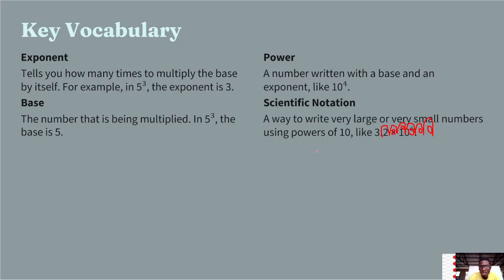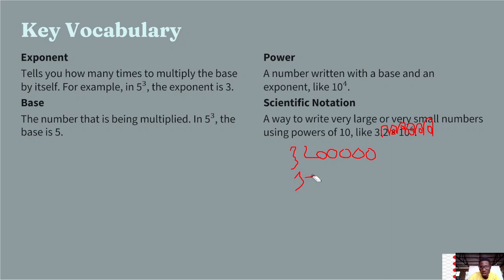So when you write it all together, you see that you have 32 plus 5 zeros, which is 3,200,000.